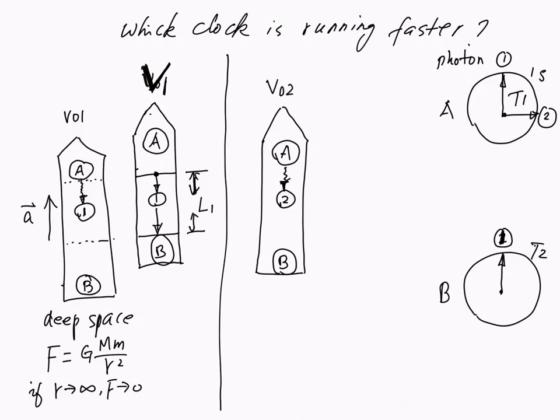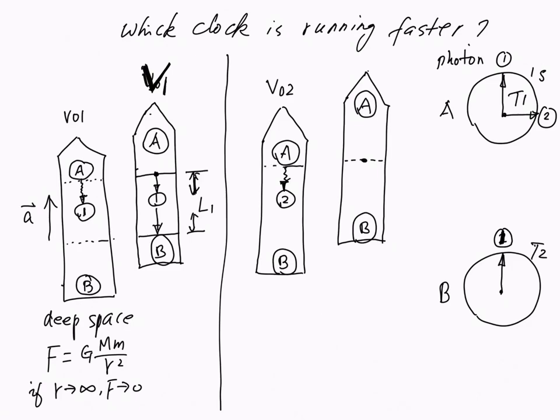At that time, the speed of the rocket is v02. Later on, the rocket is moving upwards, and clock B is here and clock A is here.